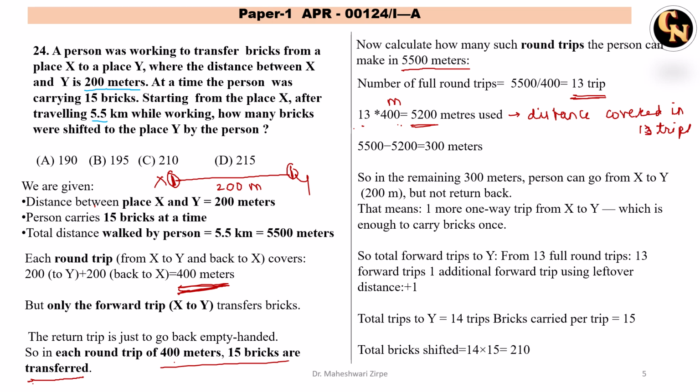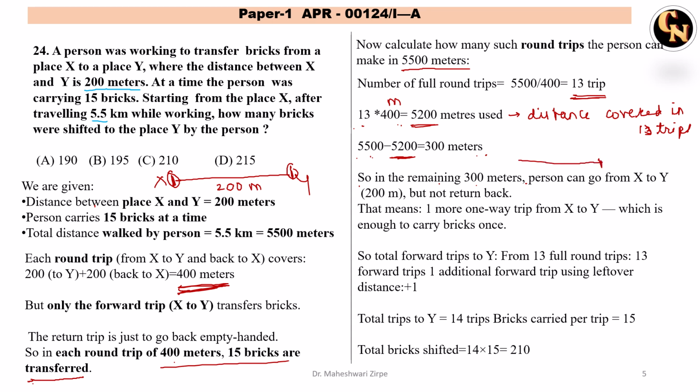But they have said he starts from x after traveling 5.5 kilometers, which means from 5500 meters he has only covered 5200 meters in 13 trips. That means still 300 meters are left out.